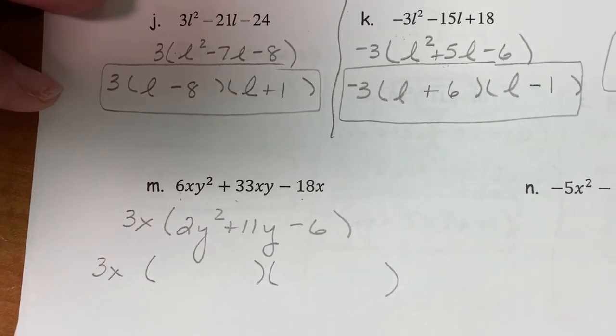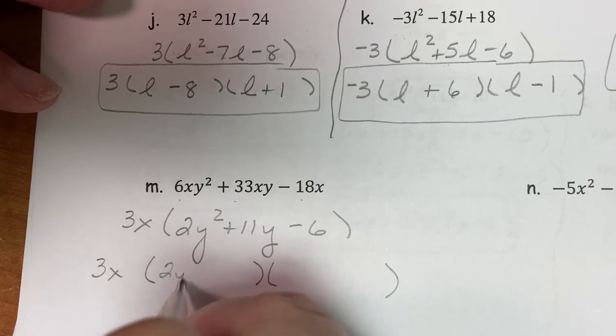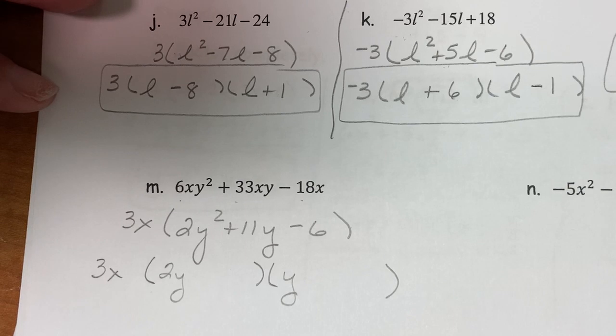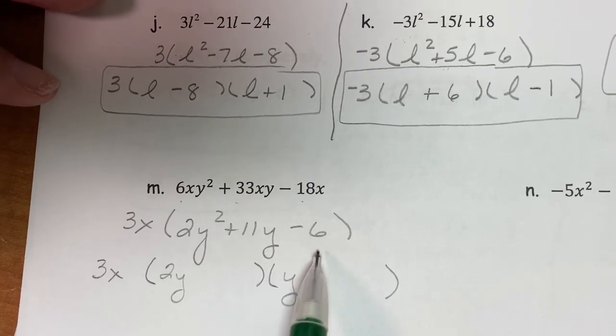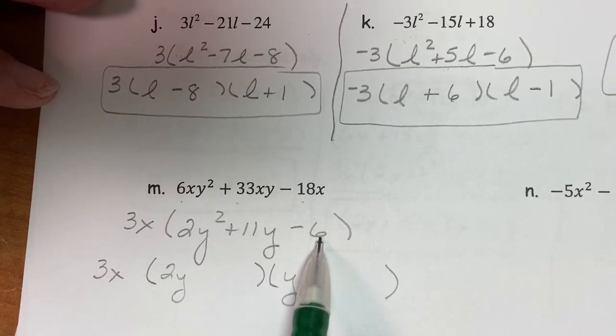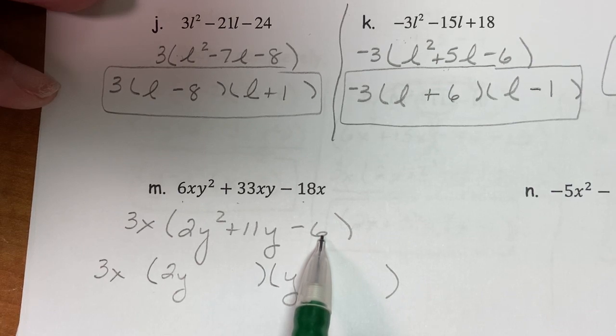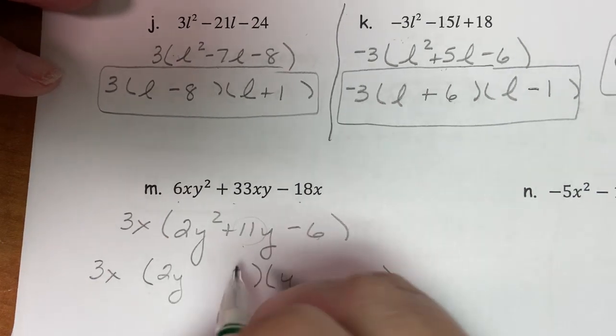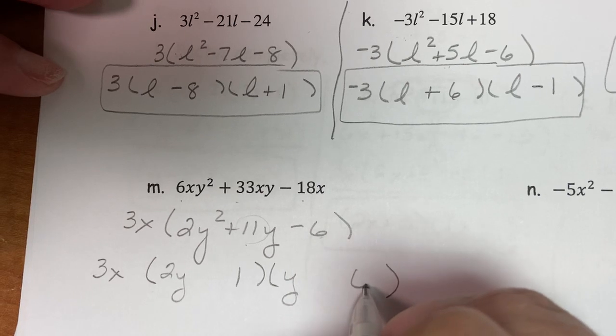So 2y squared, we really don't have a choice. It's going to be 2y and 1y. Now, if I look at how I'm going to split up the 6, if I split this up into a 3 and a 2, it's going to be hard to get an 11. An 11 is a pretty big number. So now I'm thinking 6 and 1. So what if I did a 1 here and a 6 here?